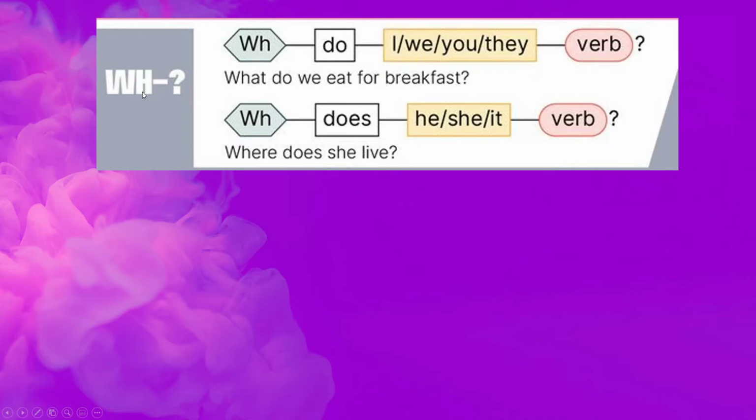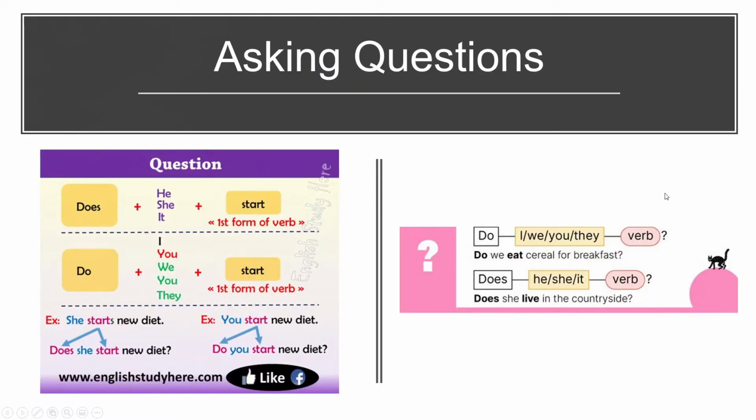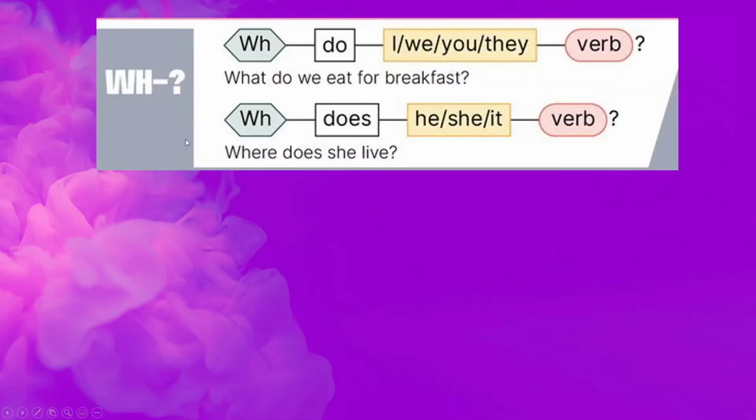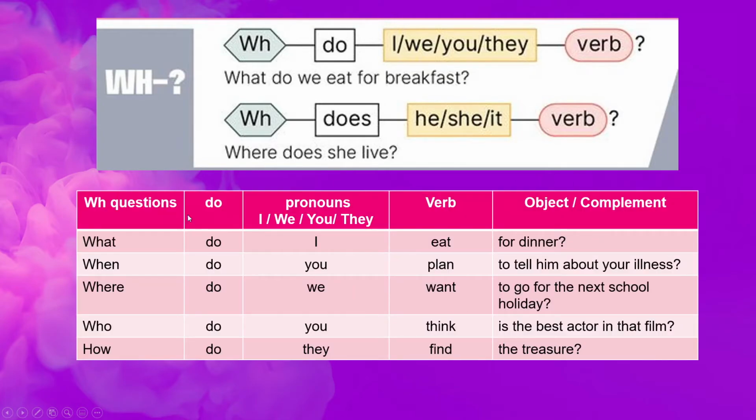Next, using WH. Just now, the previous page, we were focusing on the do and does question. Next is using the WH question. Let's see, this is the table. To ask question, it goes like this: WH question, the do word, the pronouns, the verb, and object complement or subject complement.